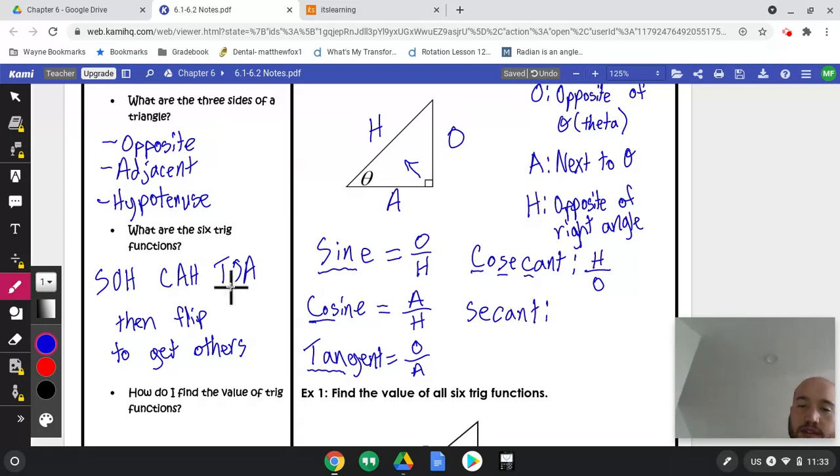And the same thing applies. Instead of A over H, it flips, and it's H over A. And this one, the abbreviation is just SEC because that's not the same as any of the previous ones. And then our final one, cotangent.